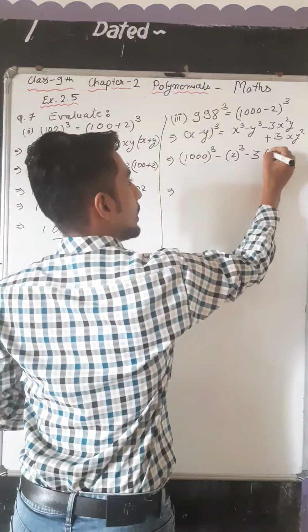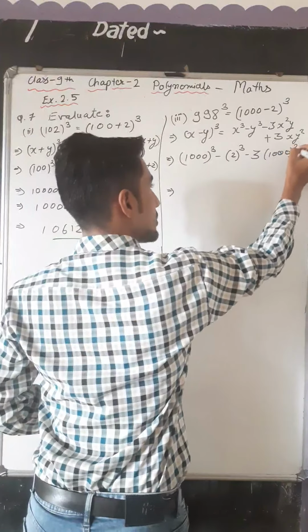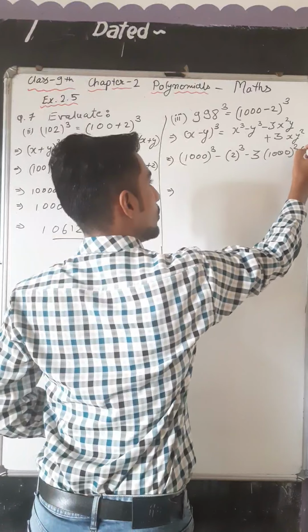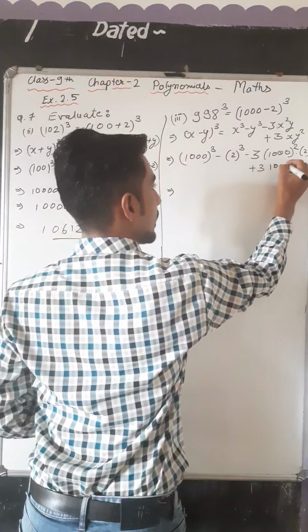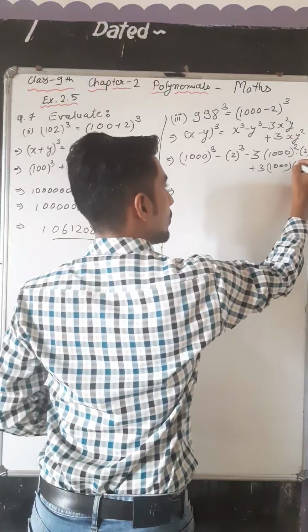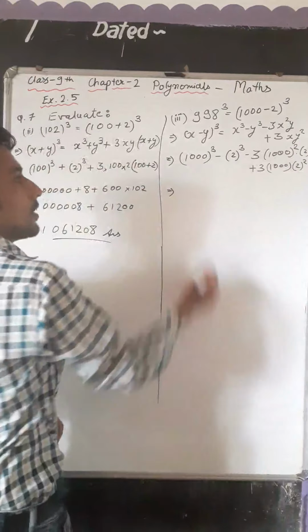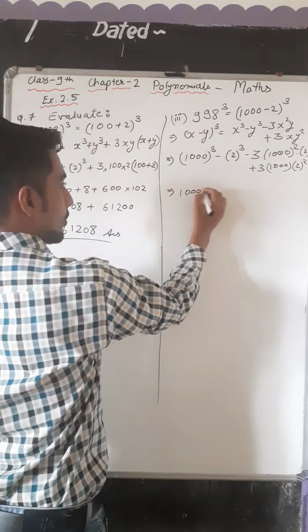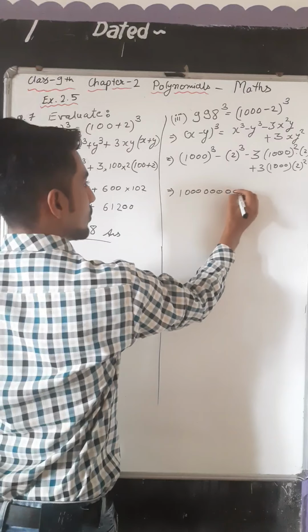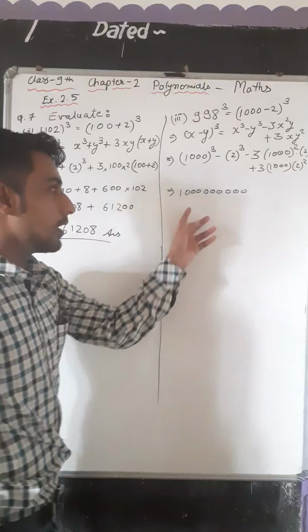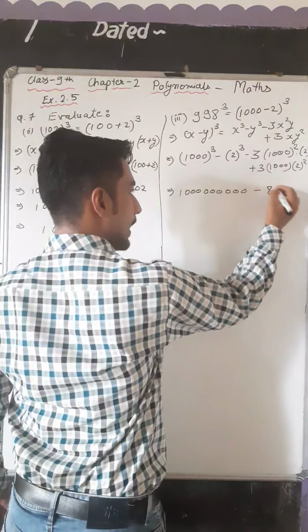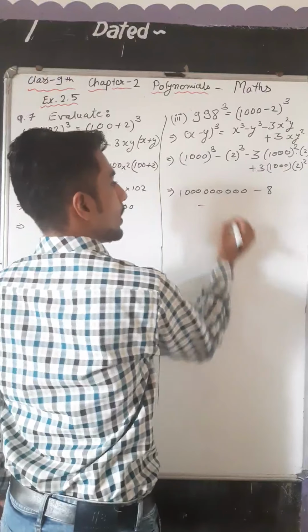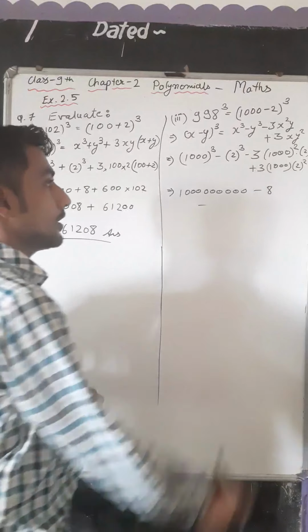So we get 3 into 1000 square into 2 plus 3 into 1000 into 2. Now solve this. This will be 1000 cube, 9 zeros. Then minus 8, since 2 cube is 8. Then again solve it.